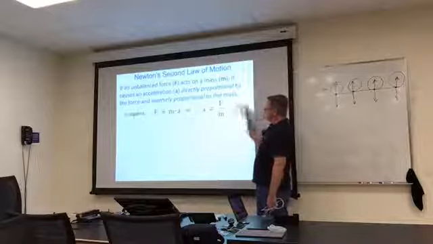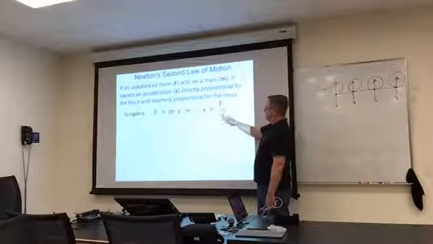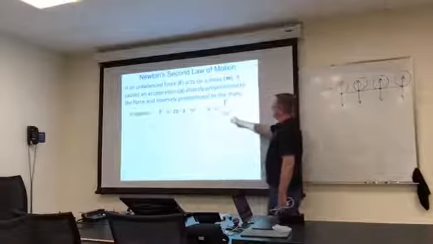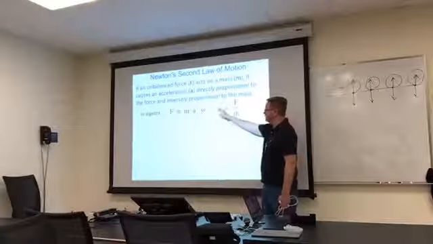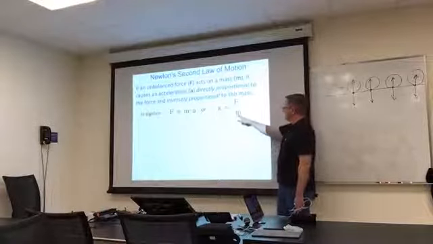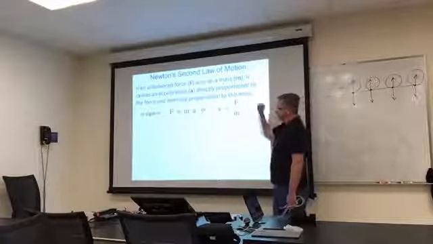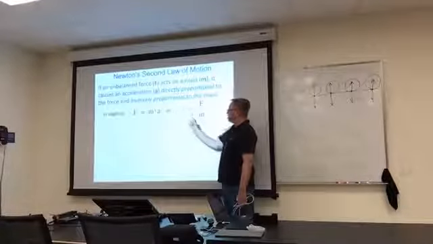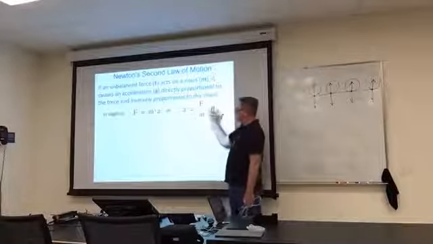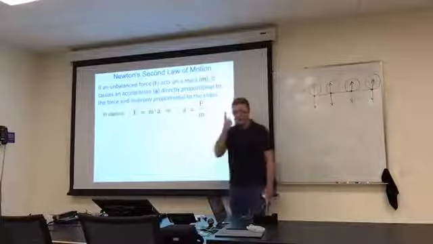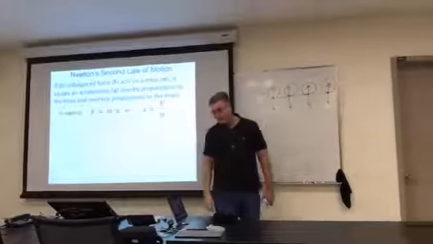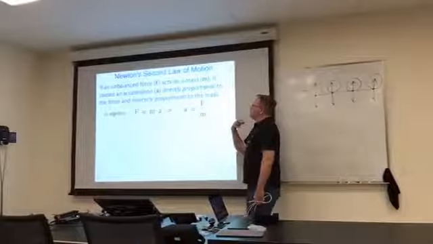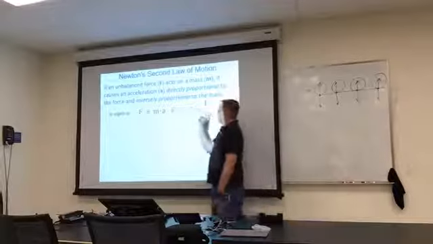And when you use metric units, kilograms for mass, meters per second squared for acceleration, then the force is in units of newtons, and there are no constants in this equation. In that set of units, the constant is 1, a unitless 1. So it's a really simple equation.